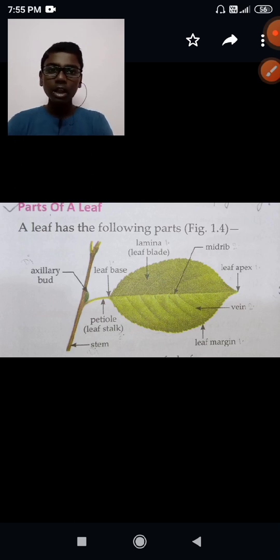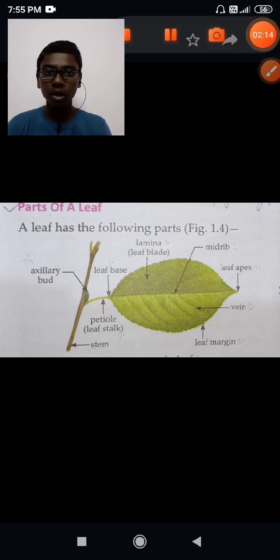Okay, now in front of you can see one diagram I have presented. It is the schematic diagram of the parts of a leaf. Over here in this diagram, it is very clearly mentioned what the parts of a leaf are, which part is called what. So at first we will come to know what is a petiole.